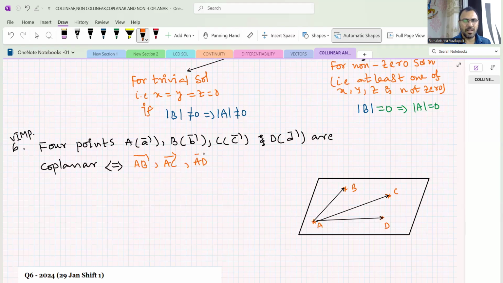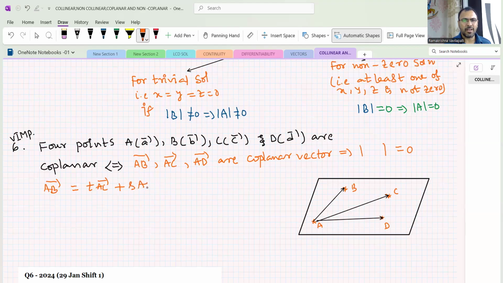So AB bar, AC bar, AD bar are coplanar vectors, so the determinant equals 0. And not only that, if they are coplanar, then one vector can be expressed as a linear combination of the other vectors. So AB bar equals T into AC bar plus S into AD bar.